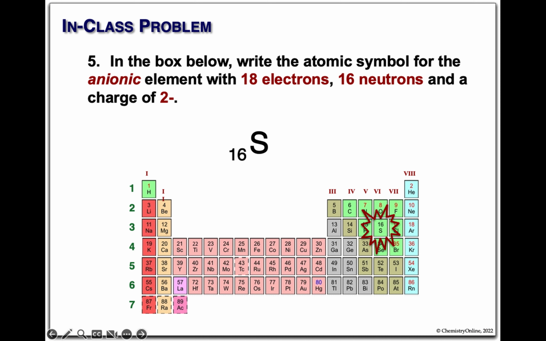That's our superscript in front. If our element is charged, we show the charge as a superscript after the symbol, like that. Sulfur 32. Any questions?